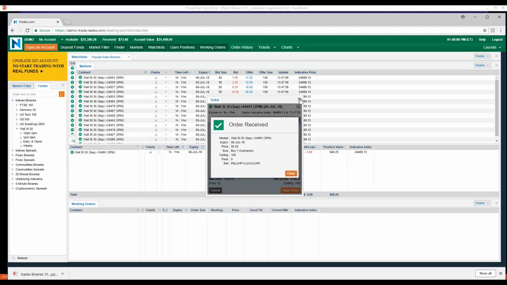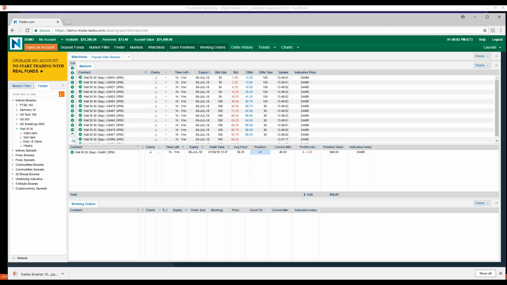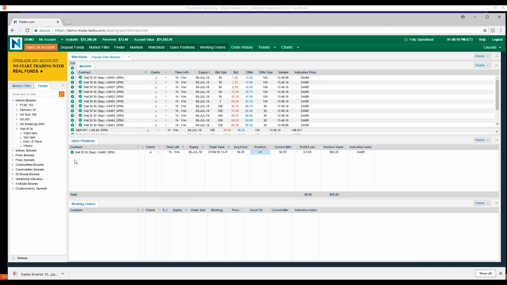All right. So I placed this order. Okay. And it's now in my open positions. It shows that, hey, you made this order. You made this trade is open, it's in your open positions. And what does this say in here? What does this mean in here? Well, it means I bought this contract right here. I've got an hour and 11 minutes left till expiration.